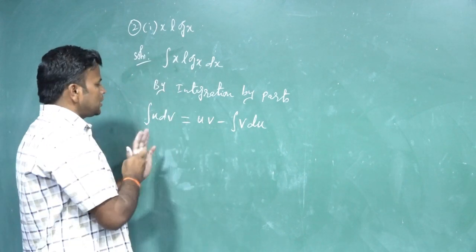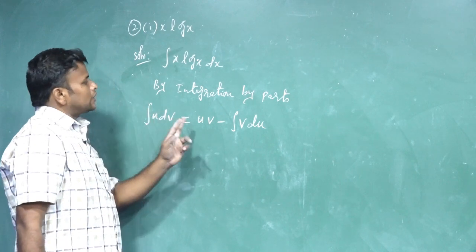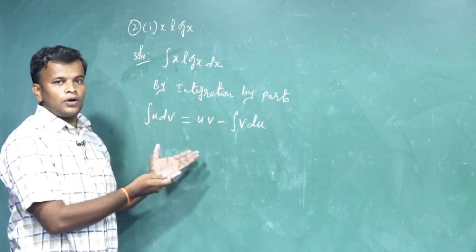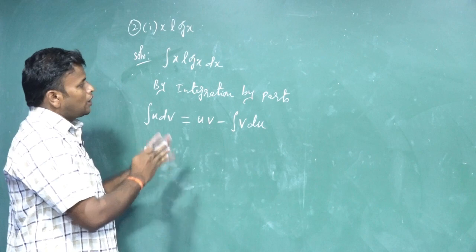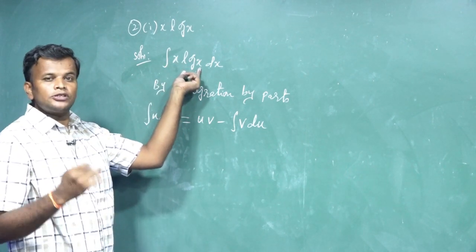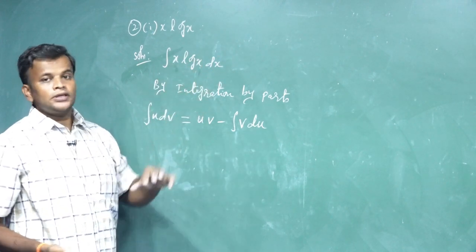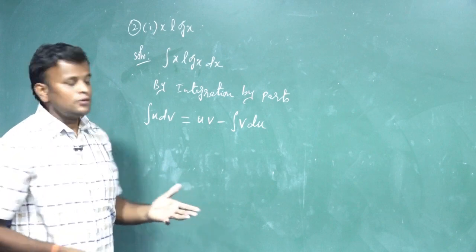Here also taking the values of u and v is important. Now the integrating of log x, we don't have the formula. So in this sum I will change the value of u to log x, because the differentiation of log x you know very well. And all the remaining terms are dv. Integrating x we also have.